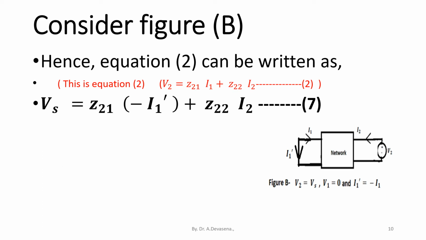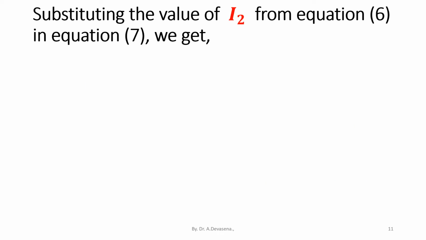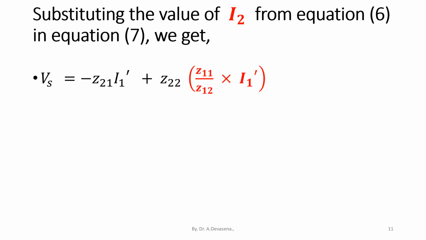We have considered this as equation 7. Substituting the value of equation 6 in equation 7, we get Vs is equal to minus Z21 I1' plus Z22 into (Z11 divided by Z12 into I1').